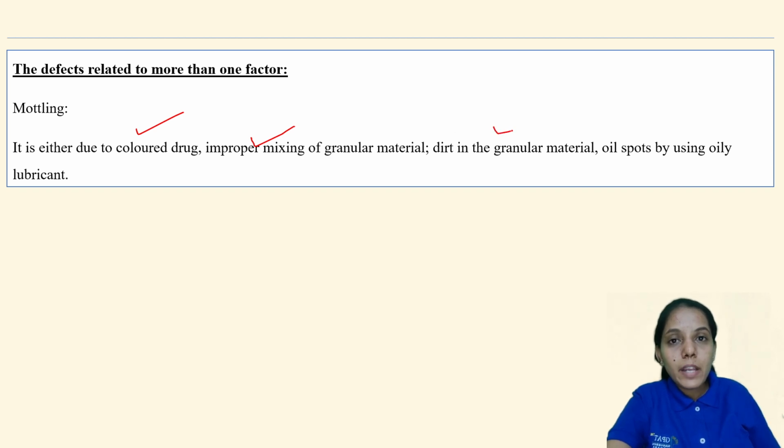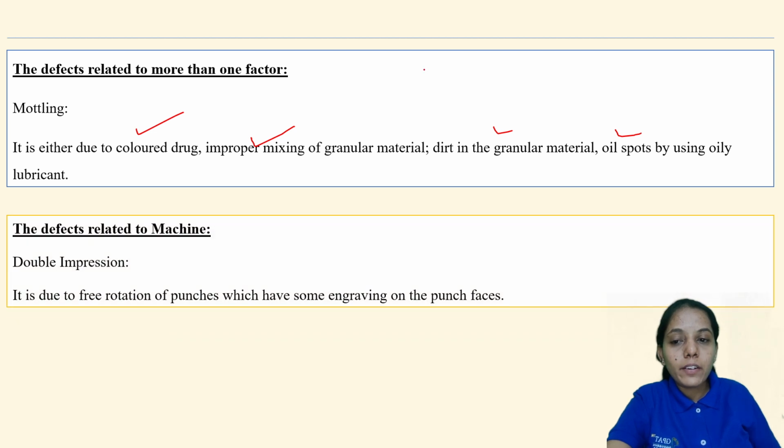Dirt, if it is present in the granular material, or oil spots by using oily lubricants. There are certain oily lubricants which we are using, and because of that some oil spots we will get, and some uneven color distribution may occur. So these are some of the defects related to more than one factor.